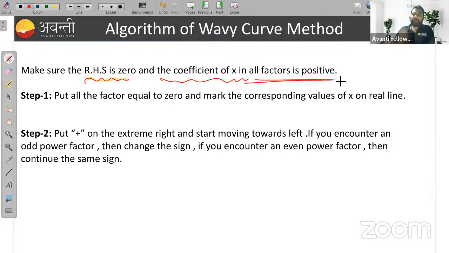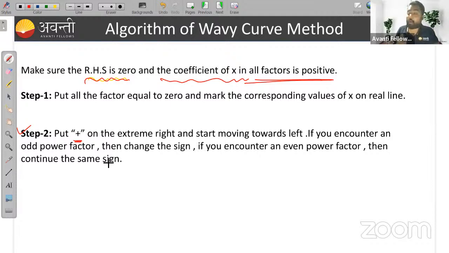So in the first step, put all the factors equal to 0 and mark the corresponding values of x on the real line. That means you have to find all the critical points by taking each factor equal to 0. And the last step, put positive on the extreme right and start moving towards the left.